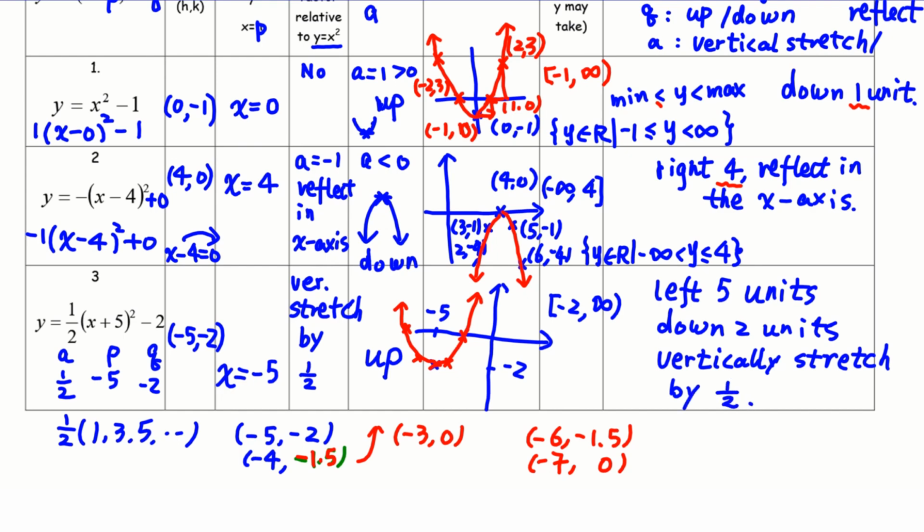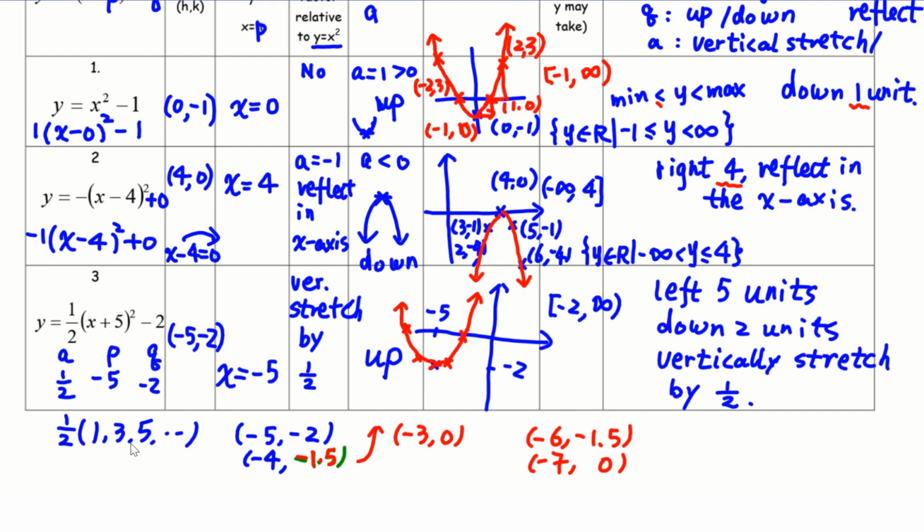So that is what you can get from the vertex form: vertex, axis of symmetry, the stretch factor, and open up or down. You can sketch it by using step pattern.